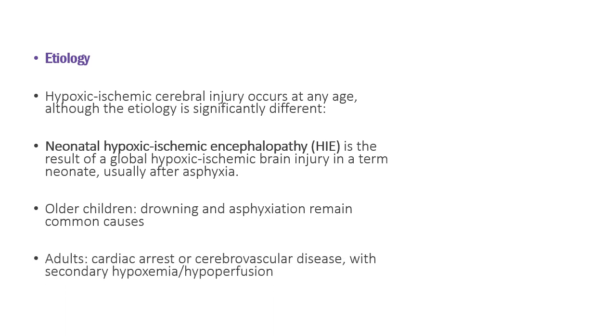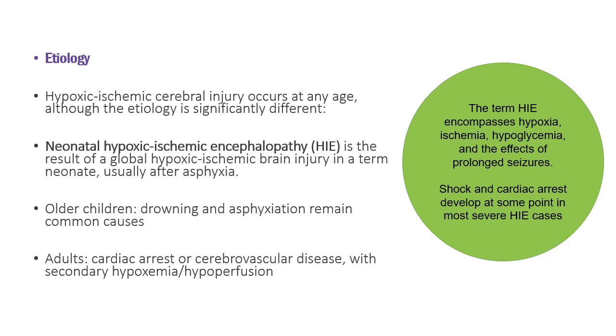In adults, however, it is associated with cardiac arrest or cerebrovascular diseases. The term hypoxic ischemic encephalopathy encompasses causes of hypoxia, ischemia, hypoglycemia, and effects of prolonged seizures. Shock and cardiac arrest develop at some point in most cases.